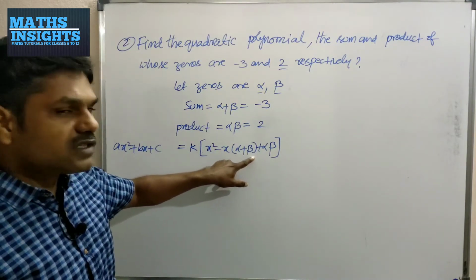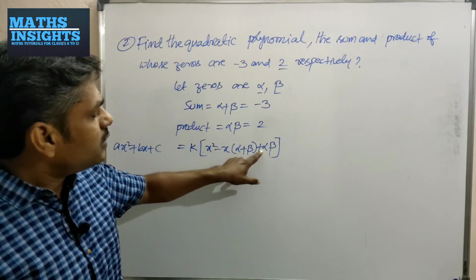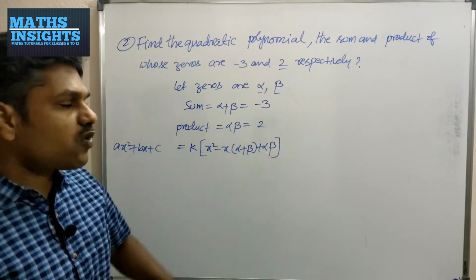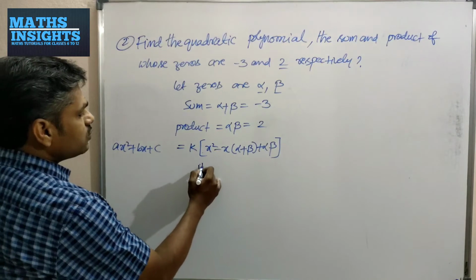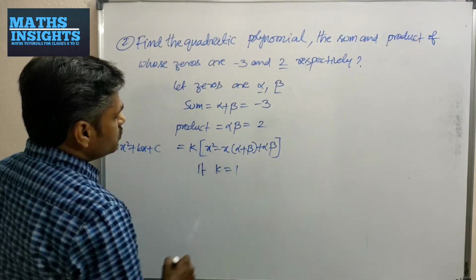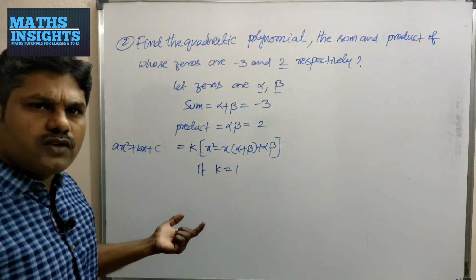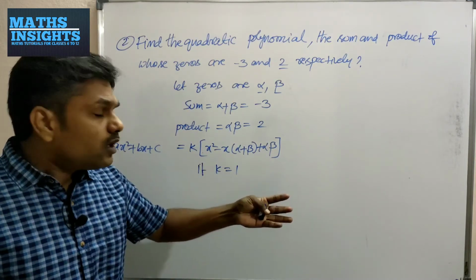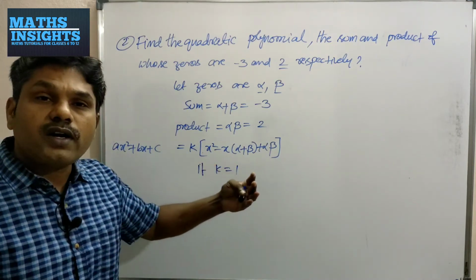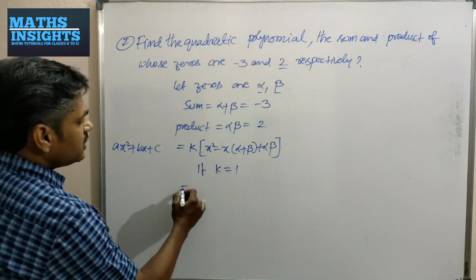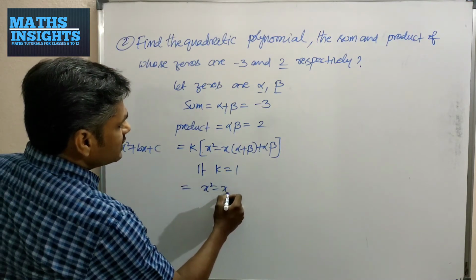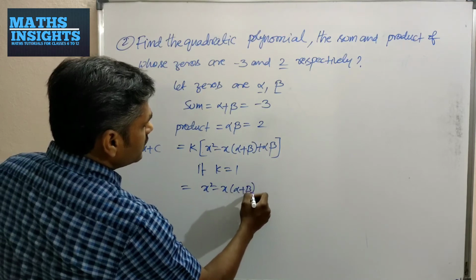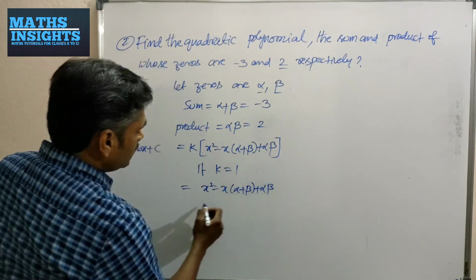This is nothing but the sum of the roots, and alpha into beta is the product of the roots. If k is equal to 1, you may take whatever value for k, and you will get different quadratic polynomials. Now that is x square minus x into (alpha plus beta) plus alpha into beta.